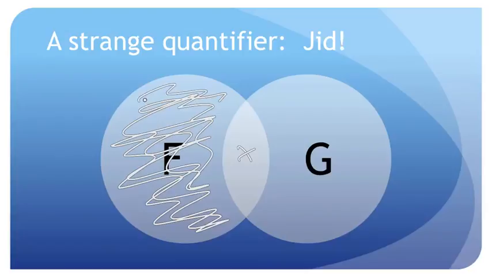Well, often people use the word all to mean the same thing that JID means according to this Venn diagram. People speaking ordinary English use the word all to mean precisely this quantifier.